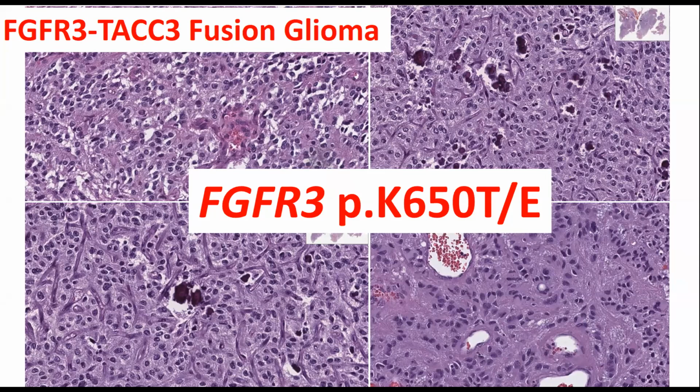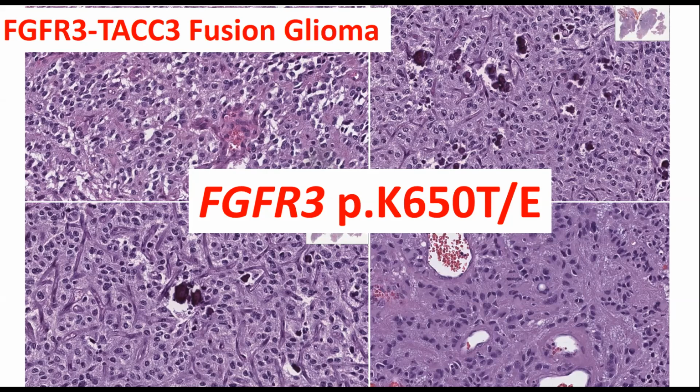And because mutation testing is far more widespread than fusion testing, the point of the paper was, if one has a tumor with this histology and a point mutation pops up at one of the three hotspots in FGFR3, it might be a harbinger, a red flag, a clue saying that this could be a fusion.